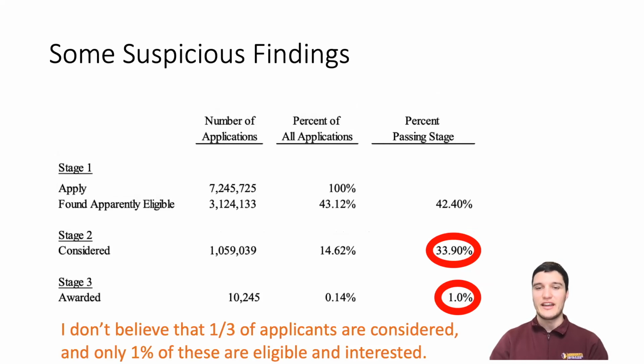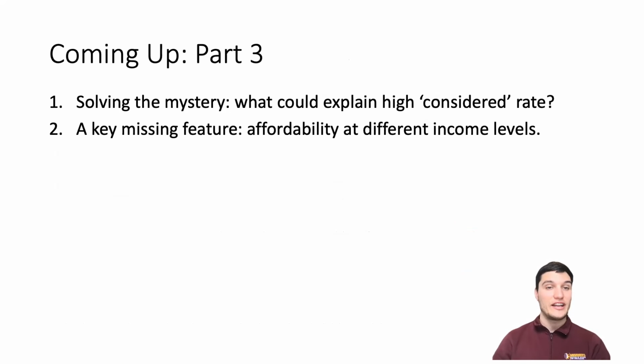I don't believe that 1/3 of applicants are considered, but only 1% of those are actually interested. So in my next video, I'm going to solve that mystery. I'm going to give you my explanation for why he would reach the conclusion that 1/3 of applicants are considered on average, which seems to fly in the face of common sense and existing narratives.